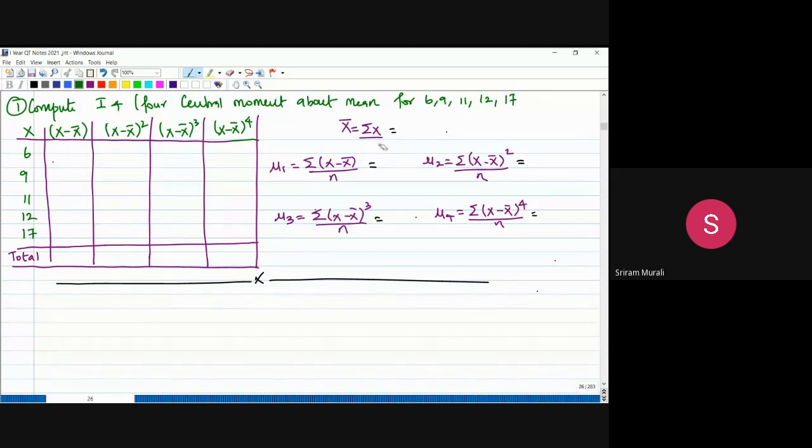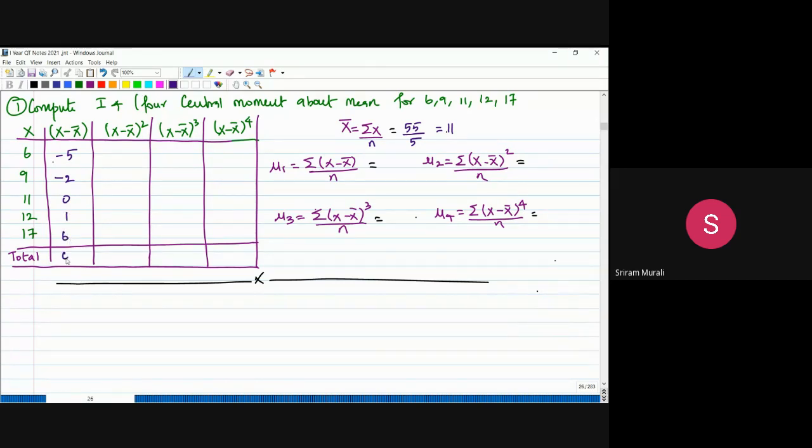Compute x bar, because the basic thing is x bar. X bar is adding everything. If I add everything, I will get 55. By n is 5, this is equal to 11. So what is the fluctuation, x minus x bar? 6 minus 11 is minus 5, then 9 minus 11, 11 minus 11, 12 minus 11, 17 minus 11.